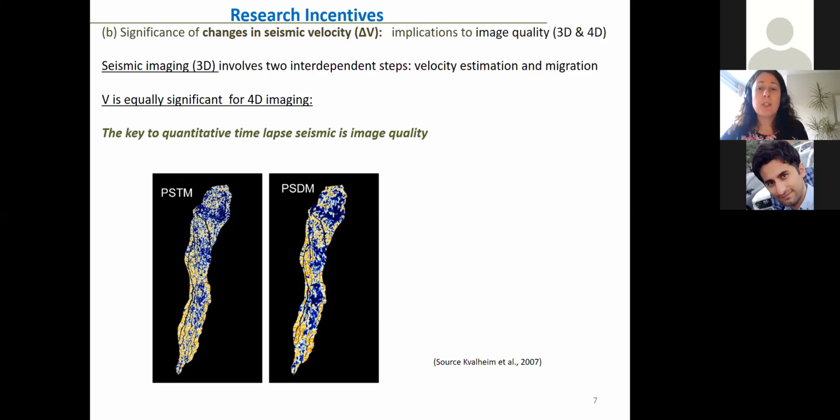And it turns out it's if not as important, it may even be more important for 4D if you want to do proper quantitative 4D.